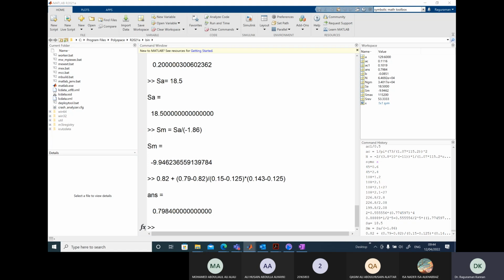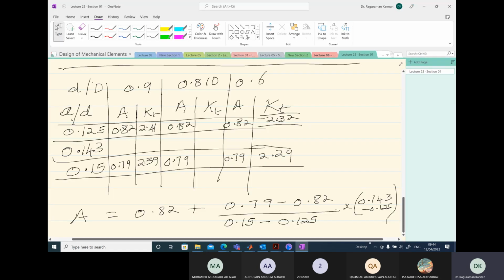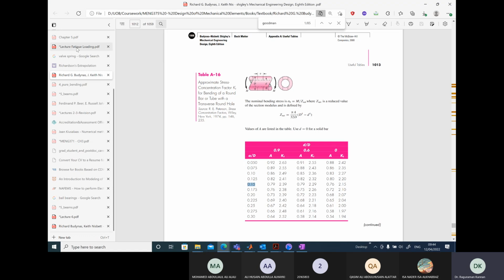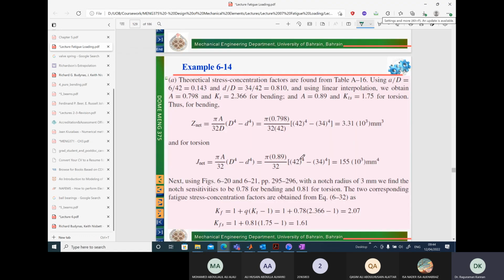This gives us 0.7984. So we have at least one value, 0.7984, the A value. Okay, so we have calculated the interpolated A value. Let's check in our slides. Yes, 0.798, correct value.